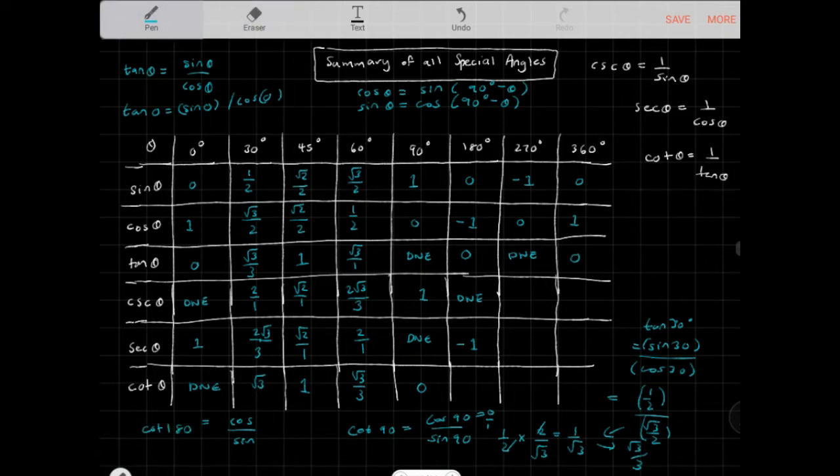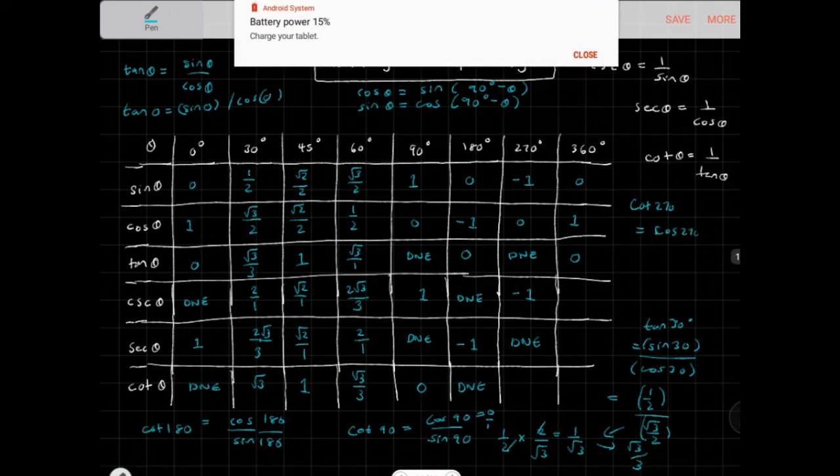Cotangent 180 is equal to cosine 180 over sine 180, and once again this is undefined as well, right? So this doesn't exist either. Okay, cosecant 270 is still -1. Secant 270 doesn't exist because you get 1 over 0. Cotangent 270, let's write that out. Cotangent 270 is basically equal to cosine 270 over sine 270, which is going to give us 0.